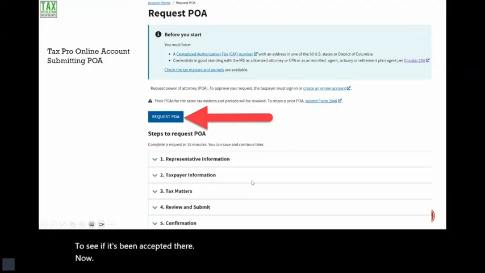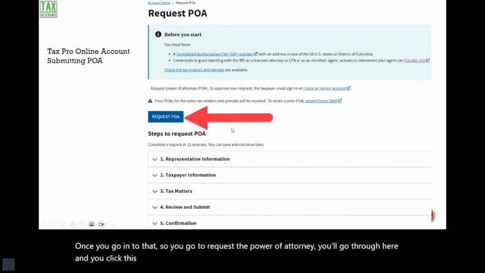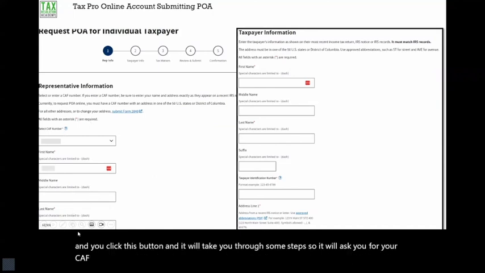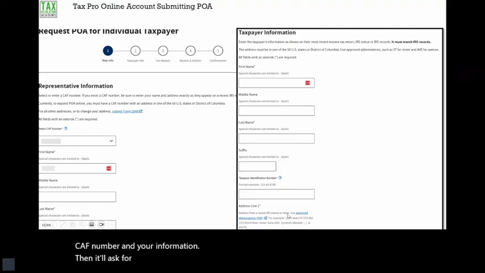Once you go into that, so you go to request a power of attorney, you'll go through here and click this button and it will take you through some steps. So it will ask you for your CAF number and your information. Then it'll ask for the taxpayer's information.